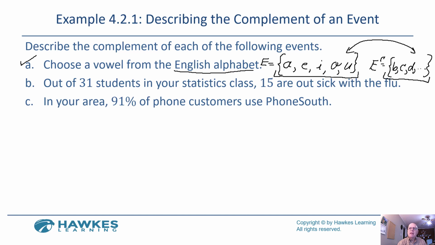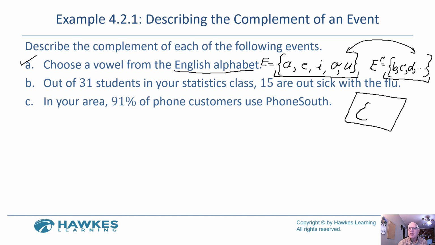Part B, 31 students in your statistics class. That's not too far away from our list, really. 15 are sick out with the flu. So what could that look like? You could always draw a picture, right? Draw a picture. Get used to that.